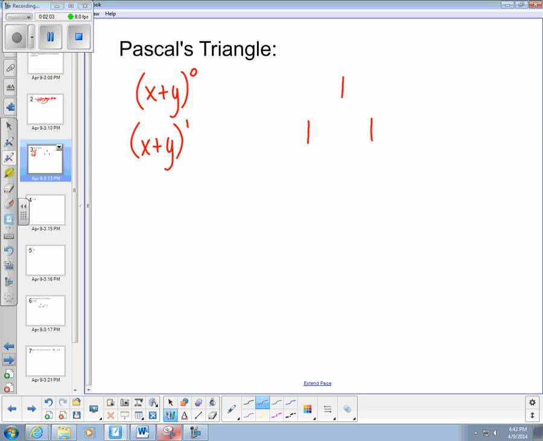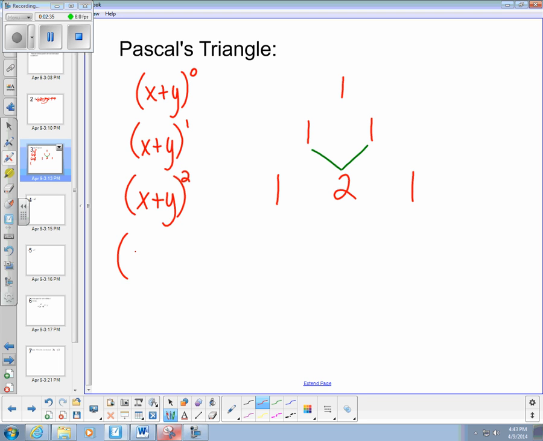Now if I keep going, x plus y squared, that's a pretty quick expansion we can multiply in our head, and we would get 1x squared plus 2xy plus 1y squared. Well, our coefficients are 1, 2, and 1. Notice the outside of this triangle is always 1, and to get this 2, if you take the row above it and add those two terms, you get the 2 that's in the middle.